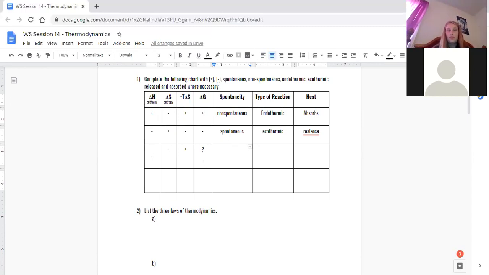Just by looking at delta H here, we automatically know if it's going to be endothermic or exothermic, because the delta H is negative, that means that heat was released. And so that makes it exothermic.